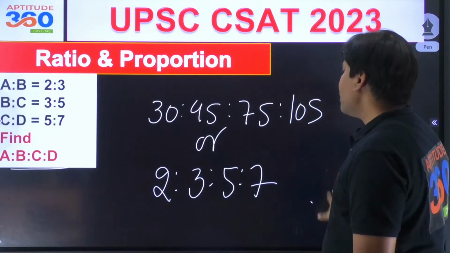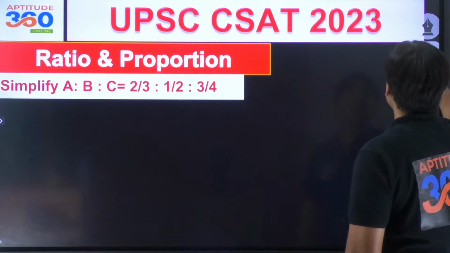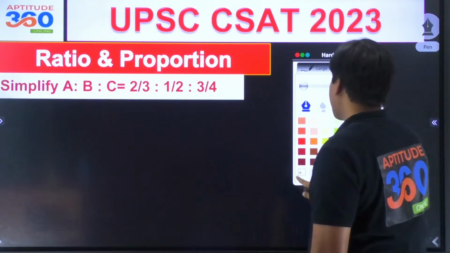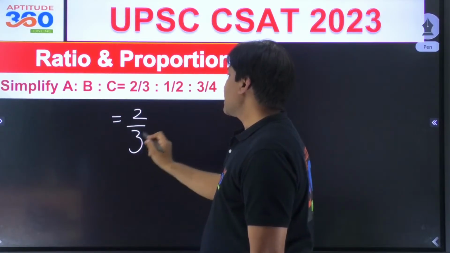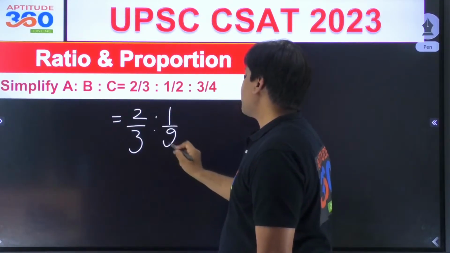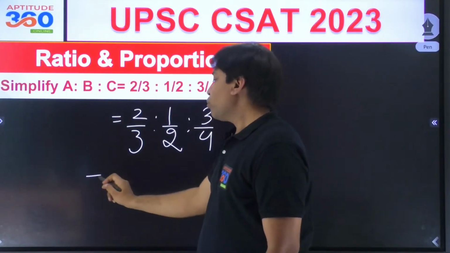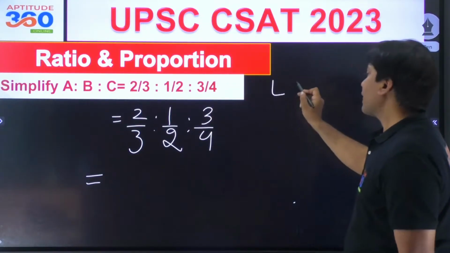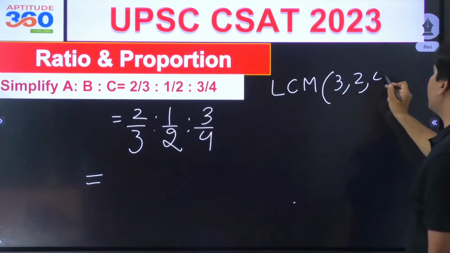Problem लगा के भी और problem नहीं भी लगा के. Simplify कर लो भाई इसको. Do it. Make it faster. 2 by 3 is to 1 by 2 is to 3 by 4. What do we do? We take the LCM. LCM of what values that we have to take? We have to take 2, 3, 4.